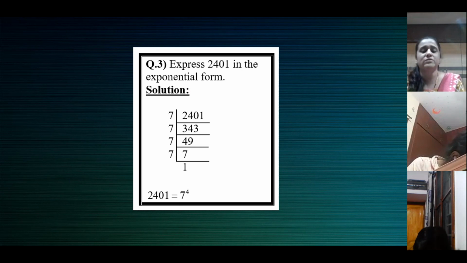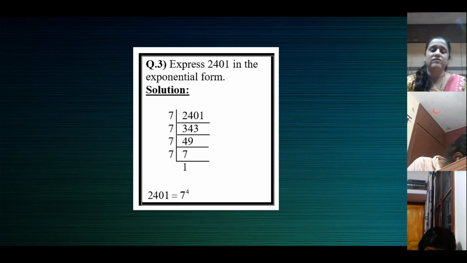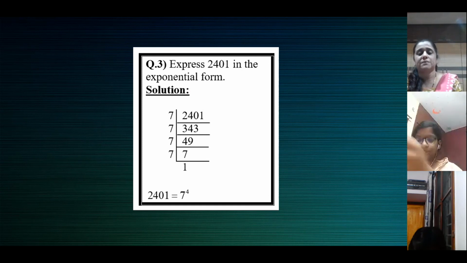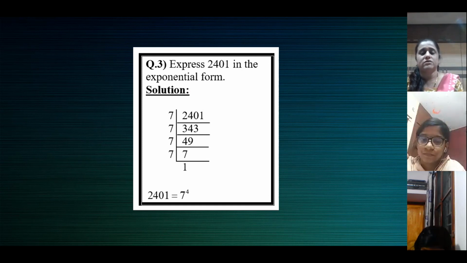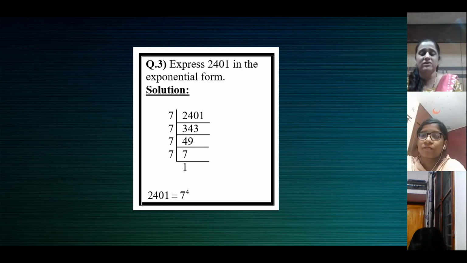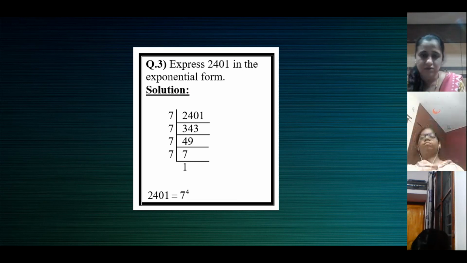2401 is not divisible by 2. Next you try 3. It is not divisible by 3. Then we try 5. It's not divisible by 5. So 7. If it's not divisible by 7, next prime number 11. Like that you should keep trying. So 2401 in the exponential form is 7 raised to the power 4.